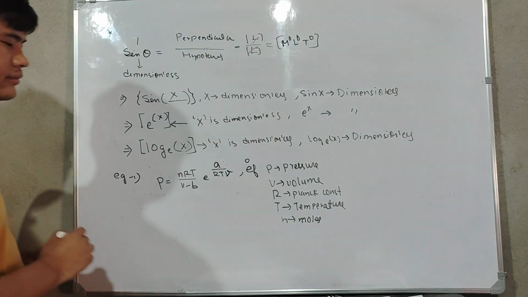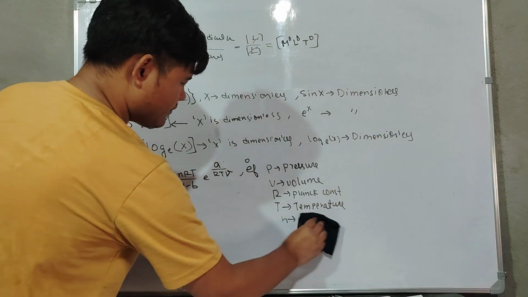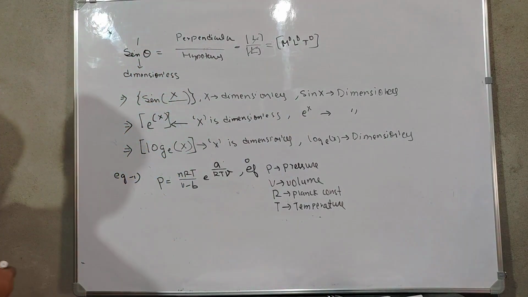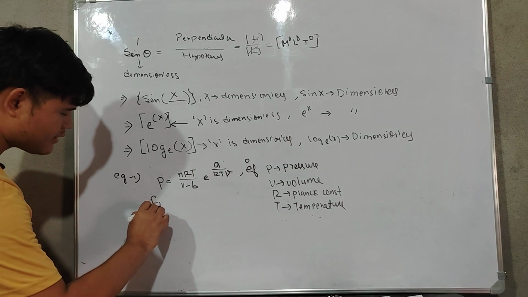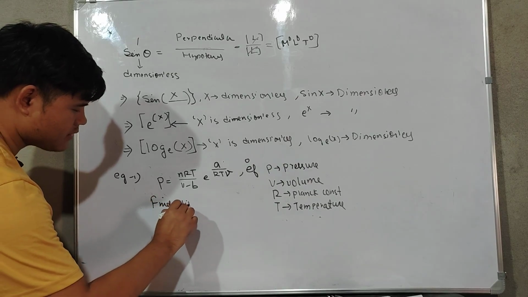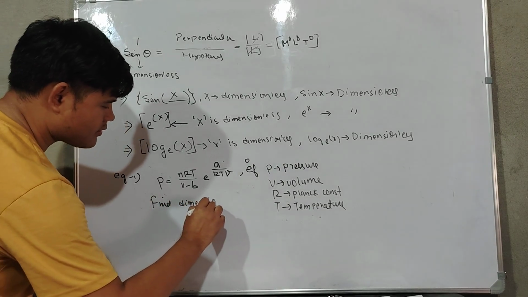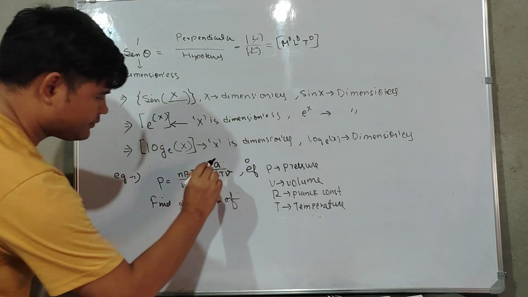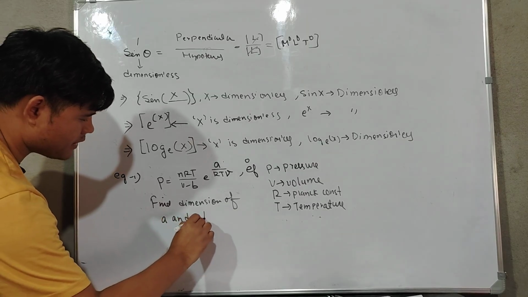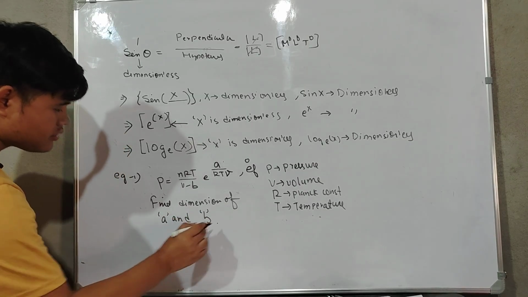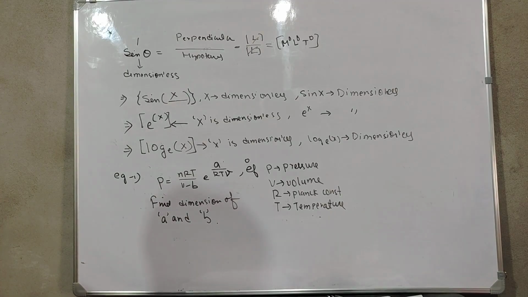N is not a variable, it's a constant only. So here the question may ask like this: find the dimensions of a and b.